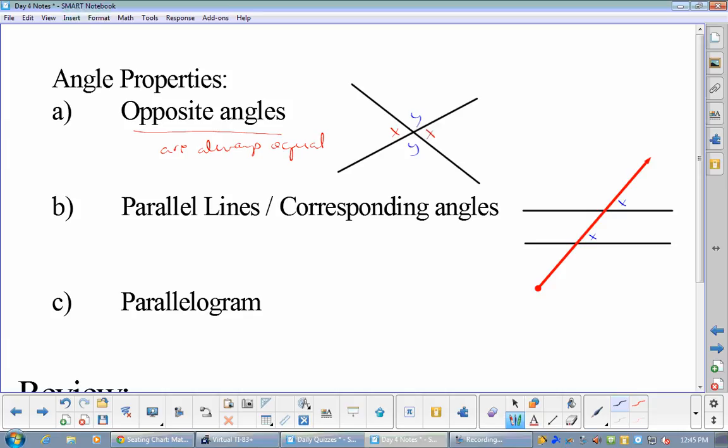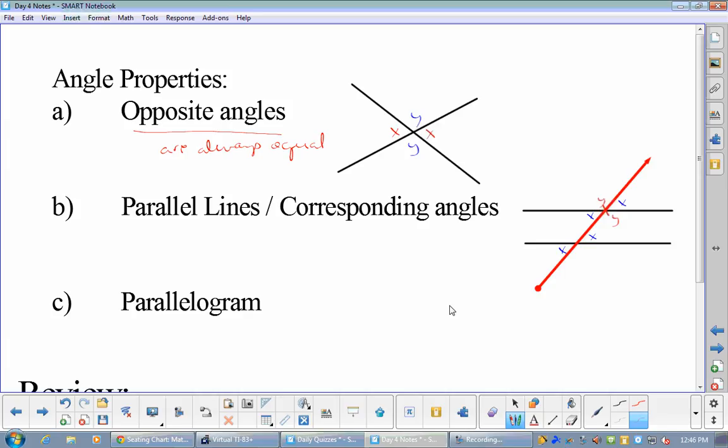What do we know about this angle and this angle? They're opposite, aren't they? So this angle would also equal this angle. And this angle is opposite this, so it would also equal this angle. So when you have two parallel lines, those four angles would equal each other, and this angle, since they're opposite, would equal that angle.